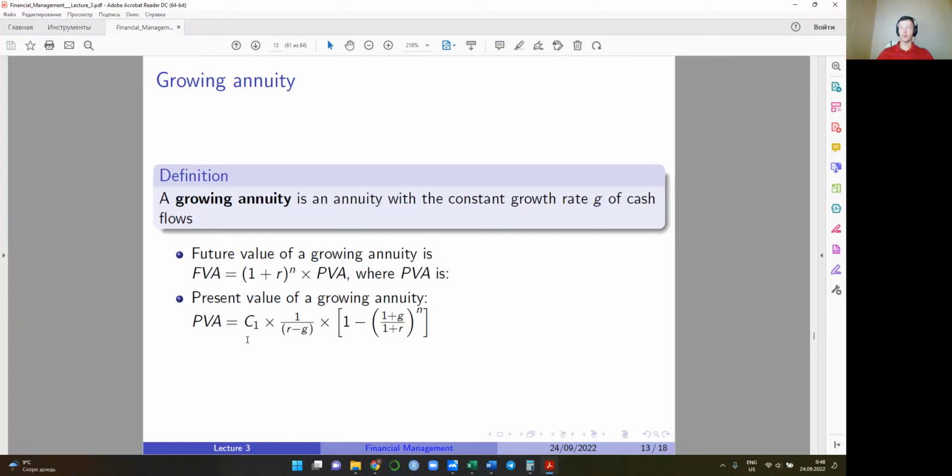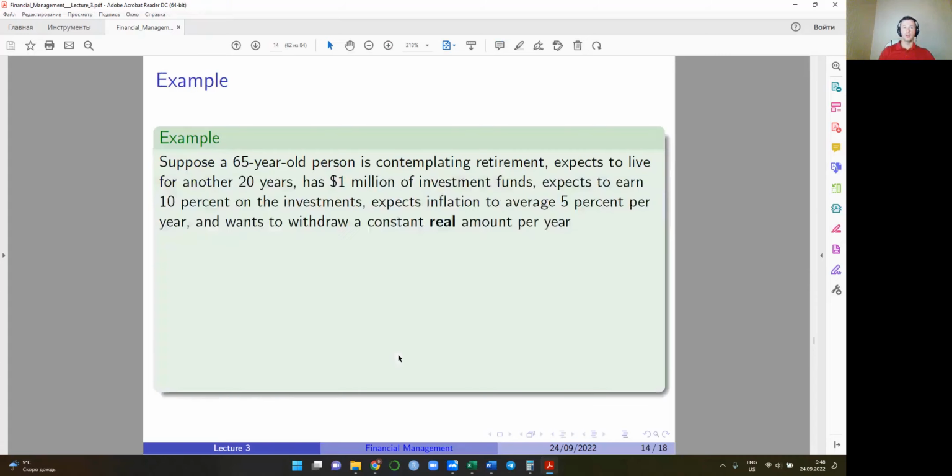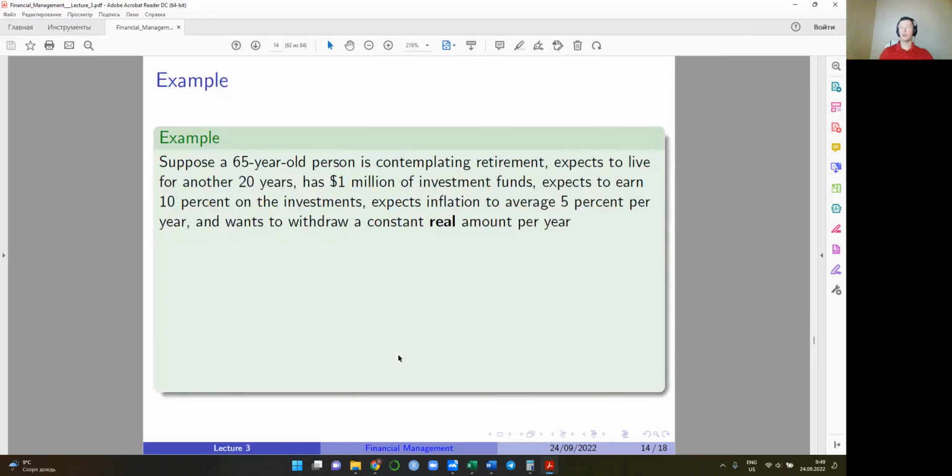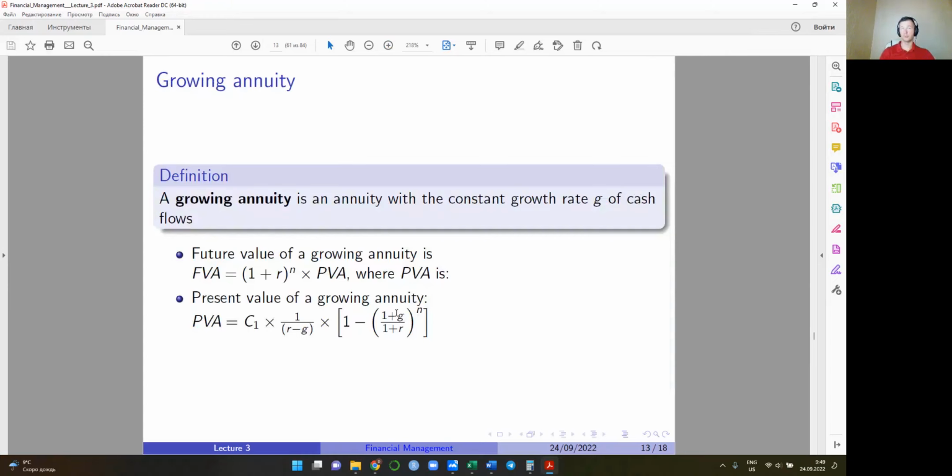So we are talking only about a deferred growing annuity, the annuity that starts in the next moment, at the end of the first period. C1, g is the growth rate, and r is the interest rate. And here we have this expression. So let's see an example of how we can apply this knowledge and this formula.